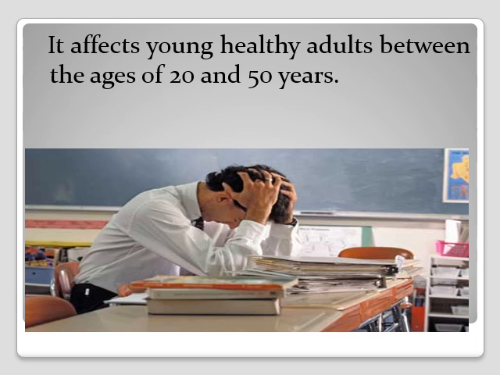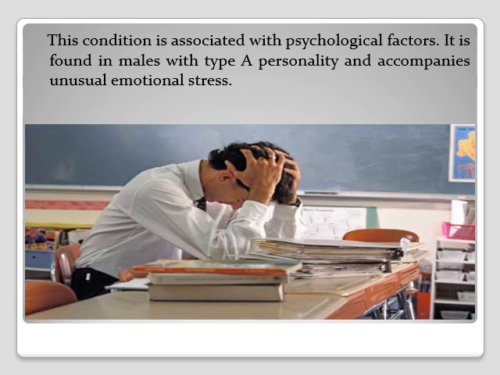It affects young, healthy adults between the ages of 20 and 50 years. The disease is usually associated with stress. It's more common in males with type A personality. The personality profile is of patients who overthink, are obsessive, and worry a lot about the future, about caring for their families, about the financial resources.